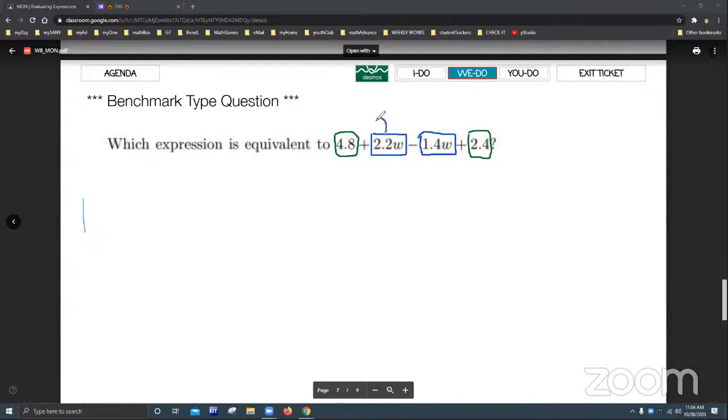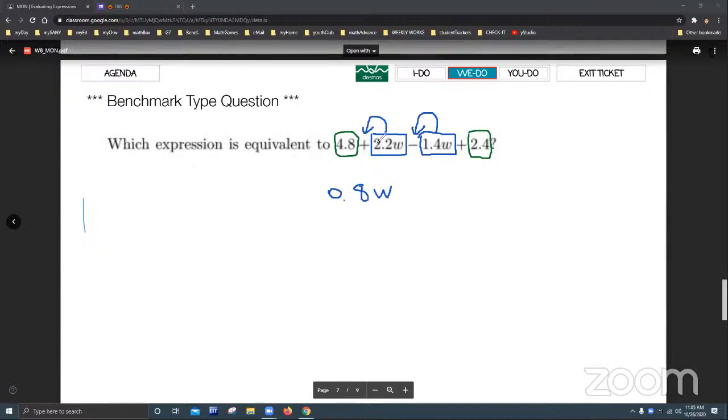Whenever you add or subtract, you have to be careful about what sign is in front of those terms, right? 2.2 is positive, as you see, and 1.4 is negative because in front of that number there is a negative sign. So 2.2 minus 1.4 becomes 0.8. And because you're working on the W term, you need to put the W next to it. Okay, so this is number one.